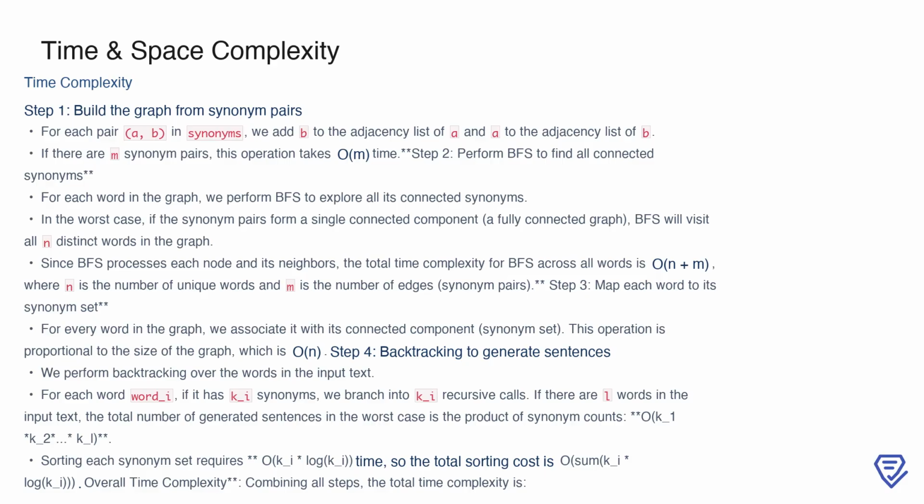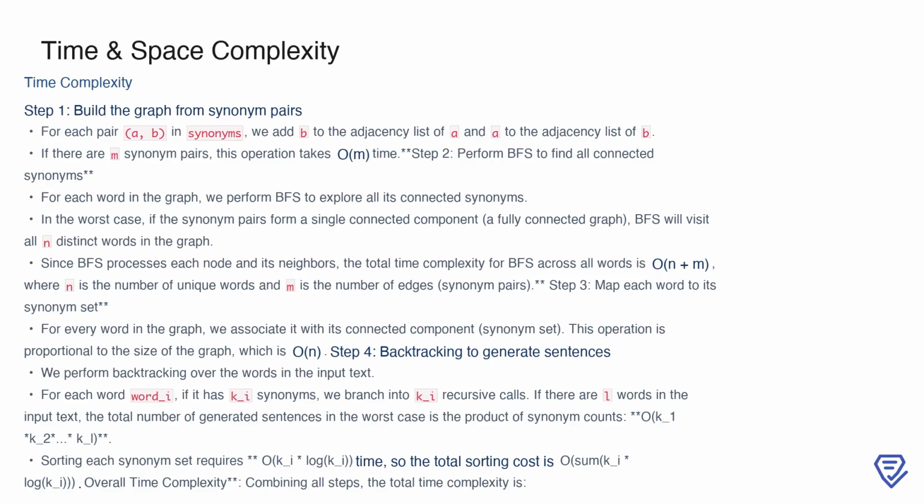Finally, during the sentence generation phase, we use backtracking to explore all synonym combinations. If the input text has L words and the synonyms for each word form sets of sizes K1, K2, ..., KL, the complexity of generating all possible sentences is O(K1 * K2 * ... * KL). Additionally, sorting each synonym set incurs a cost of O(K log K) for each set, summing up to O(sum of K log K) for all sets.